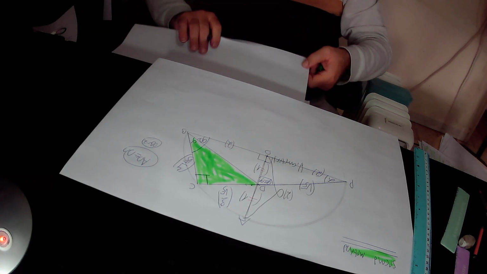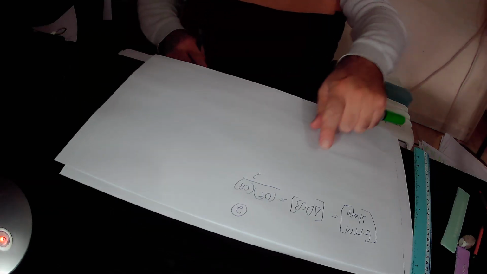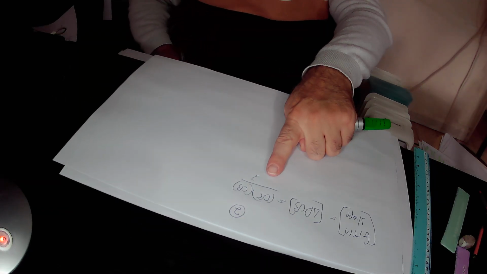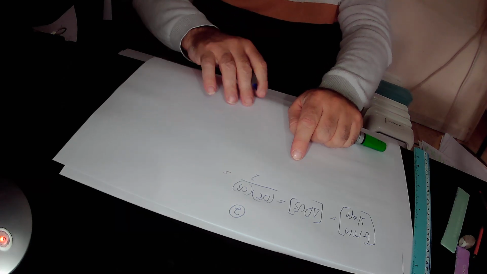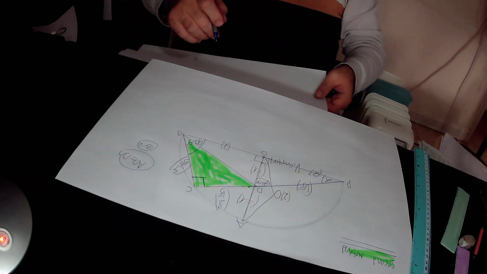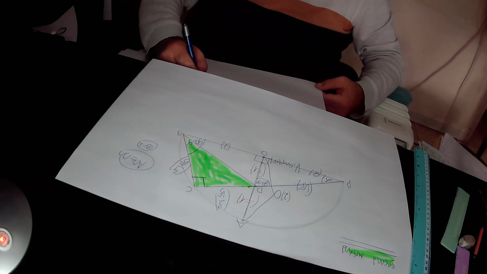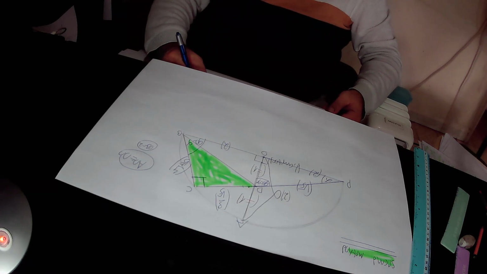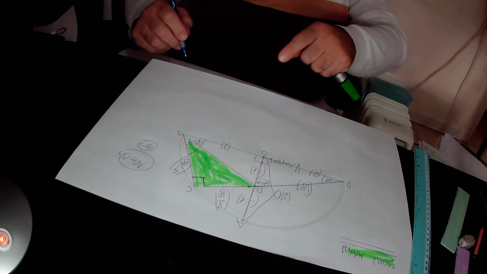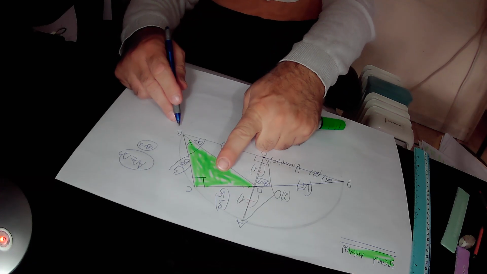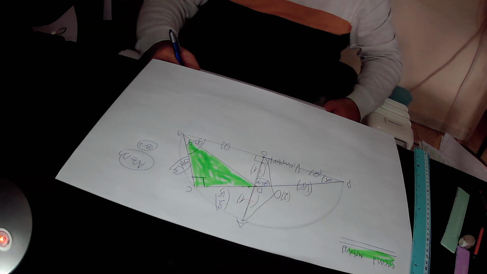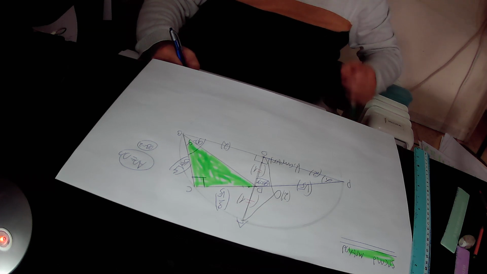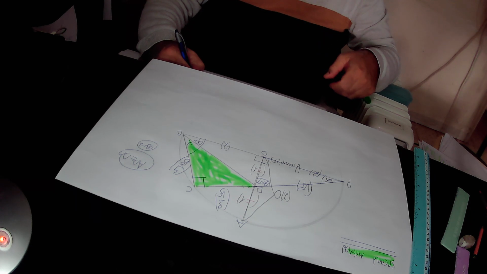Again, the area of the green right triangle DCB equals the base DC times the height CB over 2. DC equals 3 over square root of 5 units, times CB equals 4 over square root of 5 units, divided by 2.